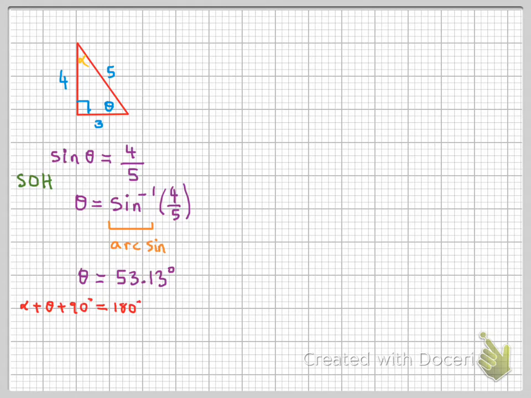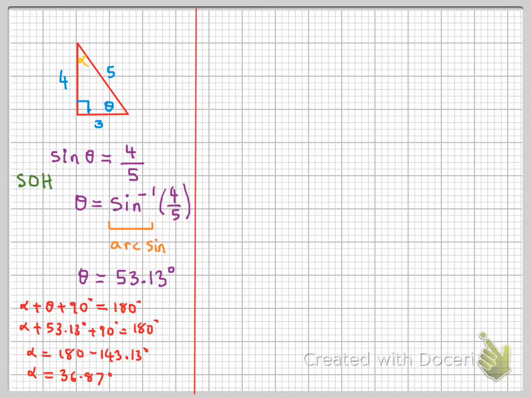To find the angle alpha, the other missing angle, recall that we had said that the sum of the interior angles in any triangle is 180 degrees. That means if we add alpha to theta and we add the right angle to it, we will get 180 degrees. If we substitute what we know, that theta is 53.13 degrees, in the equation, we can solve for alpha.